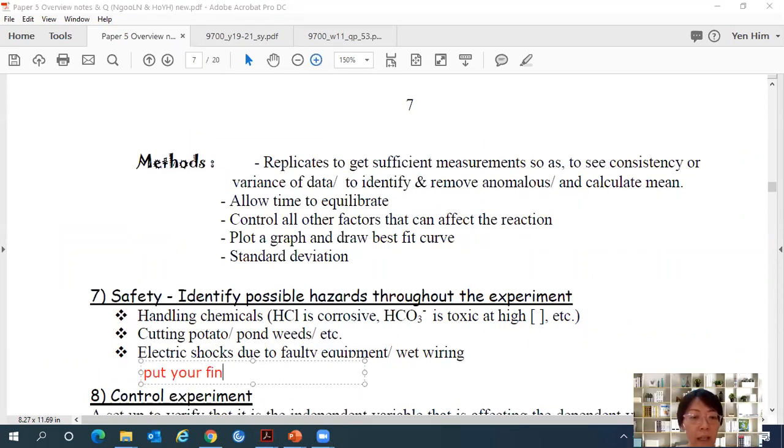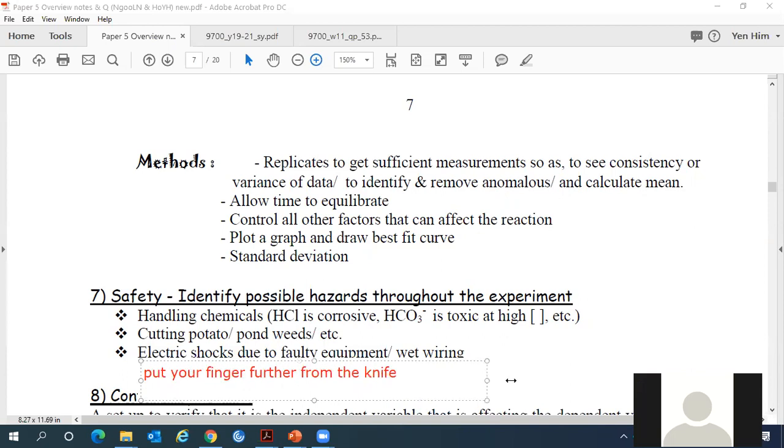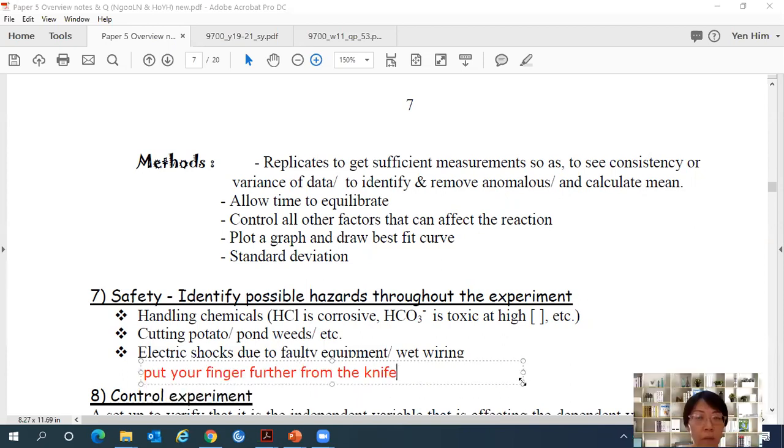Okay, so you put your finger further from the knife when you hold the things and then you cut, right? Okay, thank you for your answer.